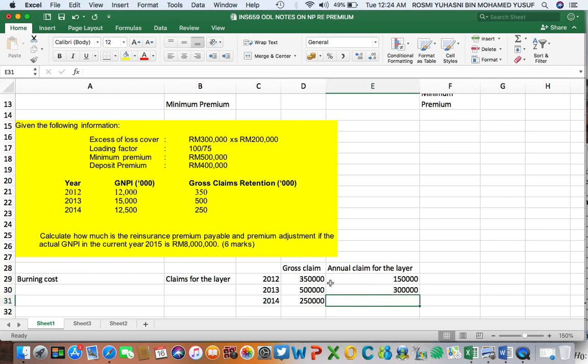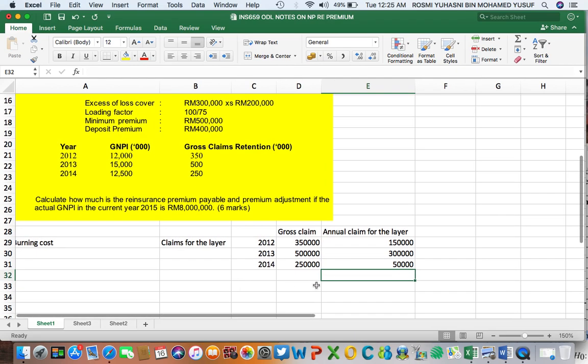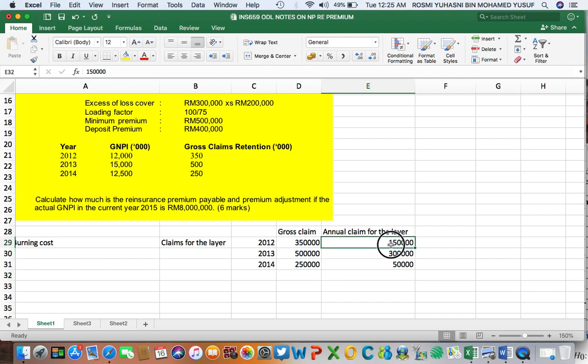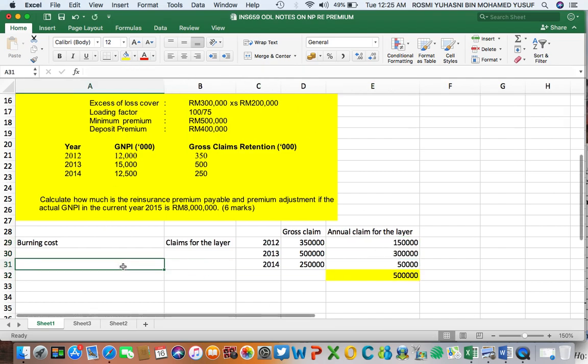Annual claim for the layer for 2014 is 250,000 minus 200,000, so 50,000. So the total claim from the previous years is 500,000.